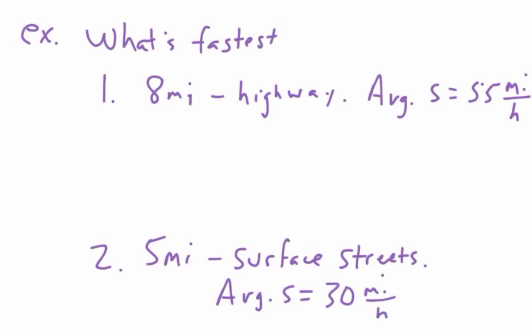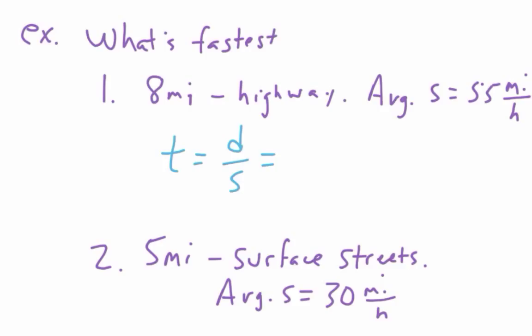So now the question is, which way is going to be the fastest? Which way do I go if I'm running late? What equation should I use? We're looking for time, so it'll be time equals... Nice, thank you, Marielle. D divided by S.